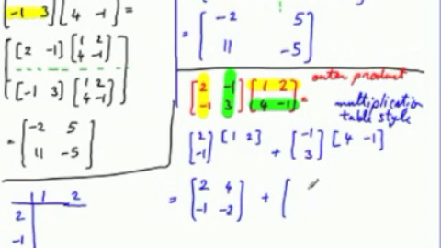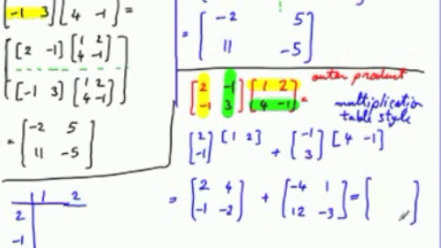Do the same thing with the second entry. So that multiplied by all of this, that multiplied by all of that. So what do I get here? -4 and 1, and here 12 and -3. Okay, so you multiply. This is your left margin, that is your top margin. You multiply everybody with everybody, and then these are the contributions.